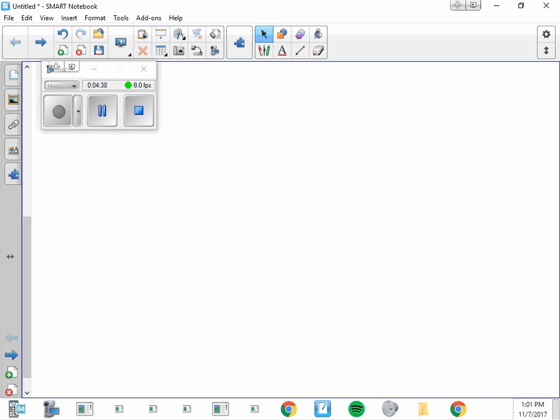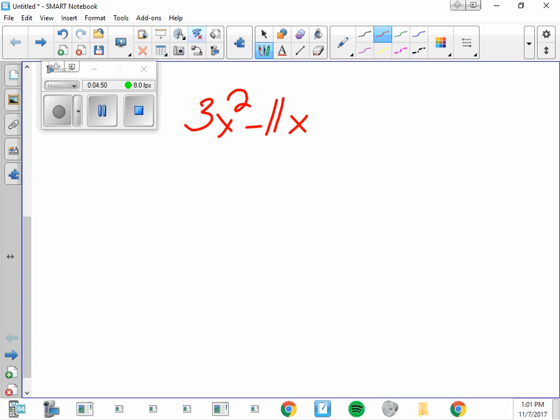But let me see if I can find one where we do. What about 3x squared minus 11x minus 20? Can I pull out a 3? No. 3 does not go into 11 or into 20.